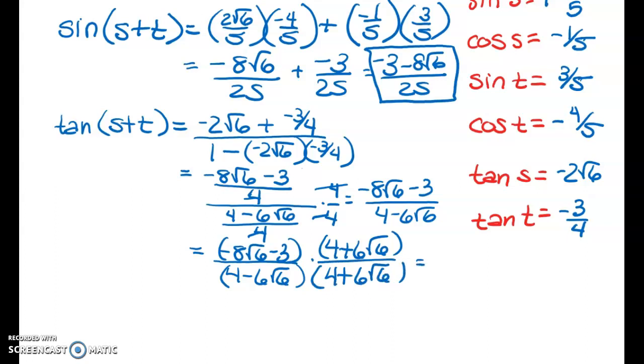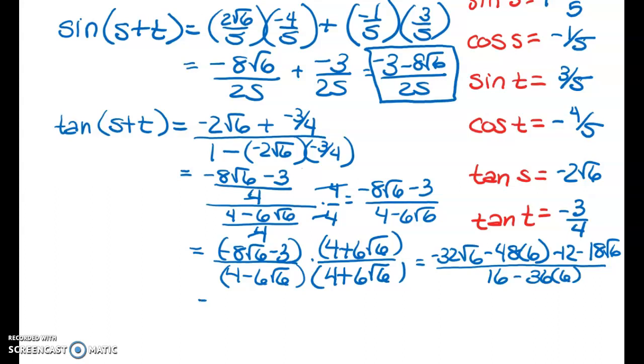And when I do, I'm going to get a negative 32 radical 6, a negative 48 times 6, a negative 12, and a negative 18 radical 6, all over 16 minus 36 times 6.